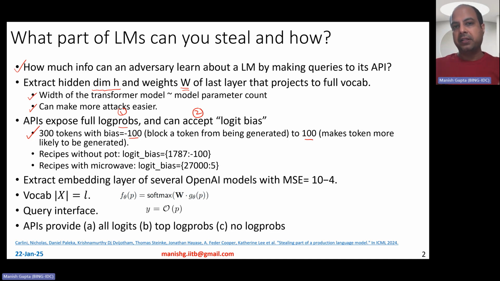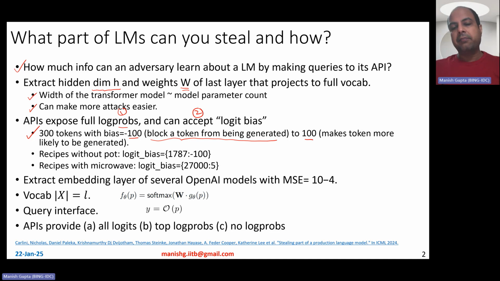You provide the logit bias as a dictionary of tokens and their bias values. If you set the bias to -100 for a token, you are telling the model to block that token from being generated. And if you set the logit bias to a very large value like 100, you're telling the model to generate the token more frequently, with a higher probability.